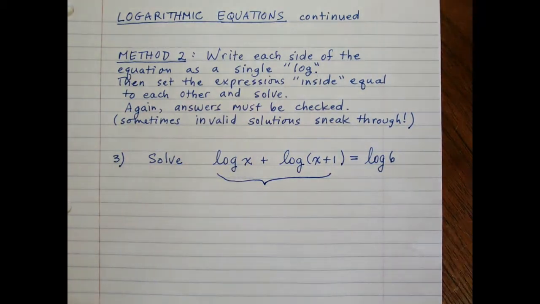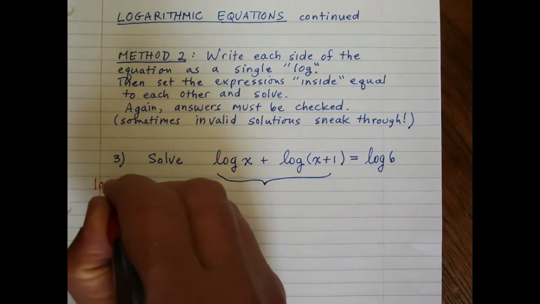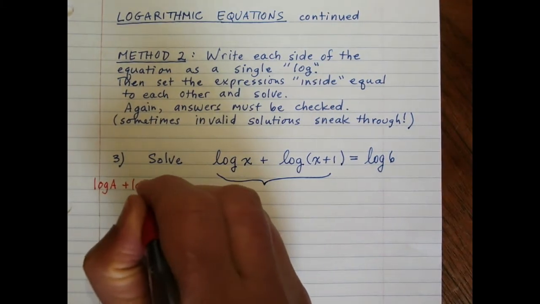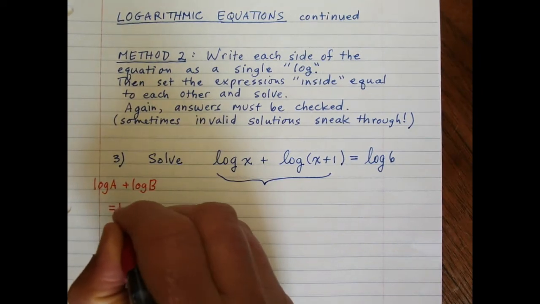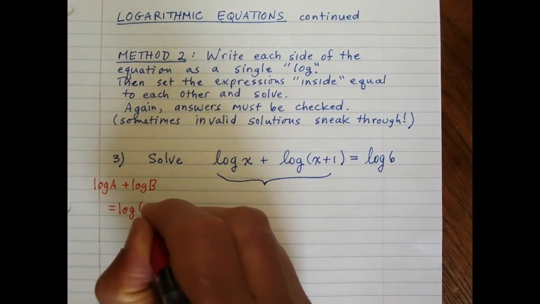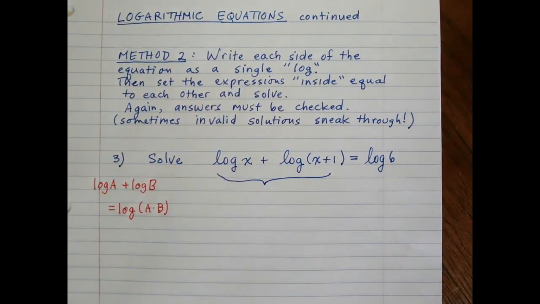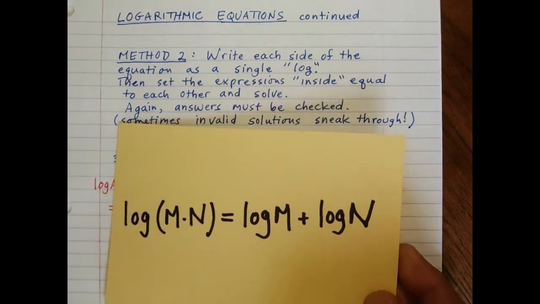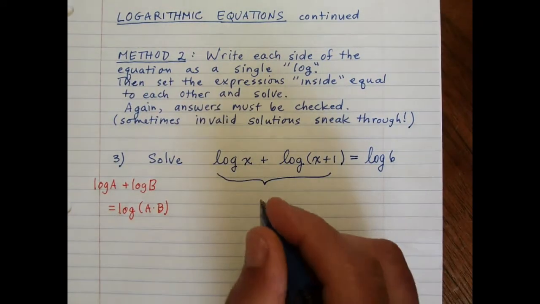So here we can use the fact that log of A plus log of B is always going to be equal to log of A times B. I think on my yellow card I had that written with m's and n's, right? That was our product property that we're actually applying backwards. We're going backwards through those steps.